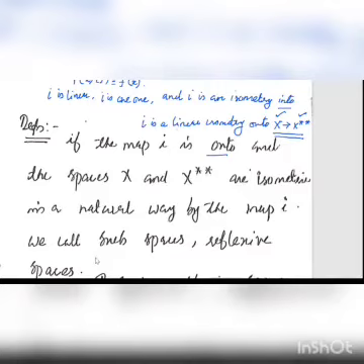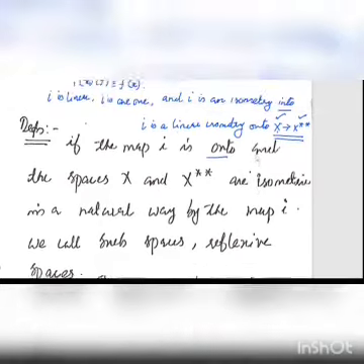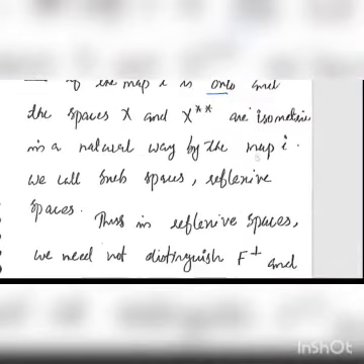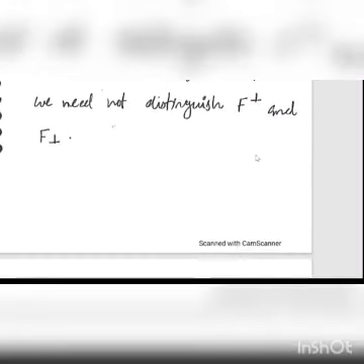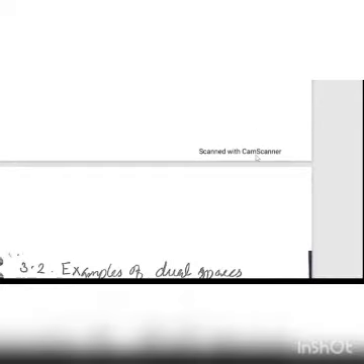So in reflexive spaces, you can have the annihilators, right? As we have seen, this is the linear isometry from X to X double star.